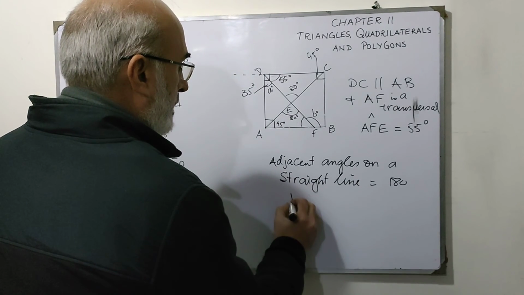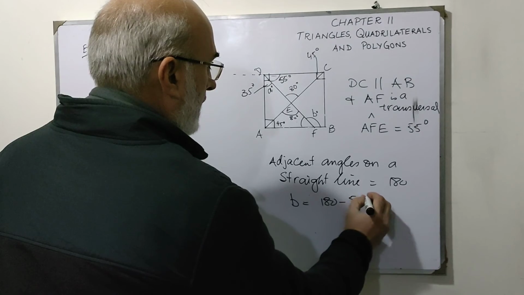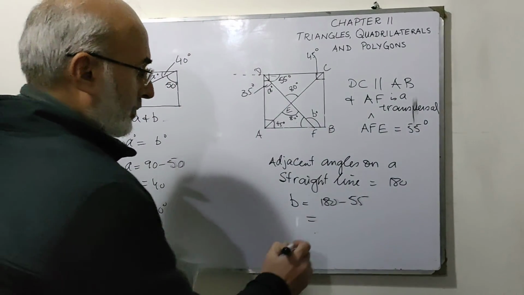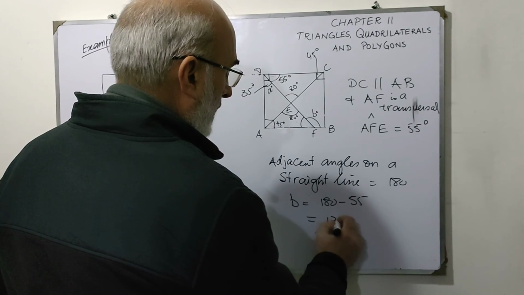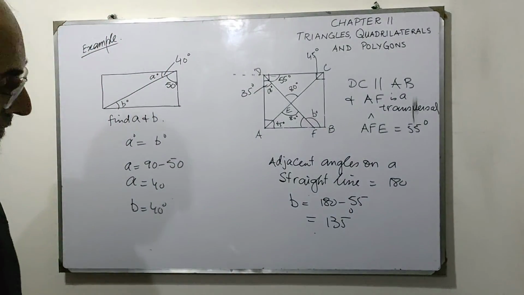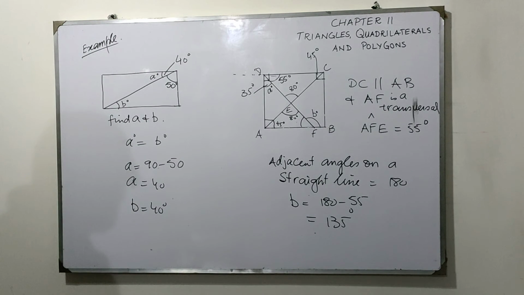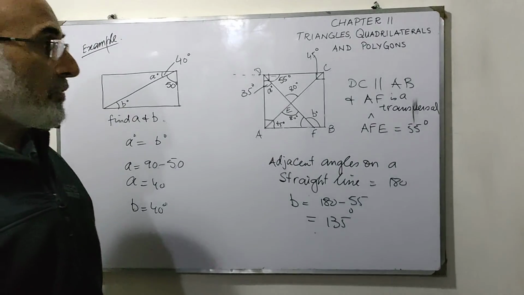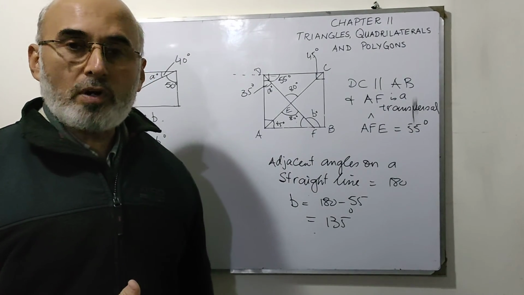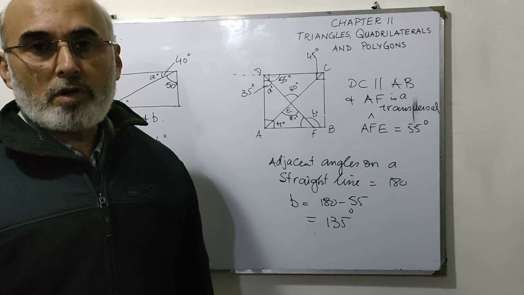So angle B is equal to 180 minus 55, which is 135 degree. So we have this value of B as well now. Okay, so we have used the previously learned properties and the properties of the quadrilaterals to find the value of angles. Hope you got some idea.